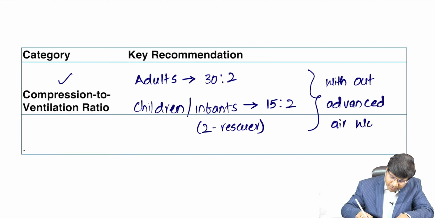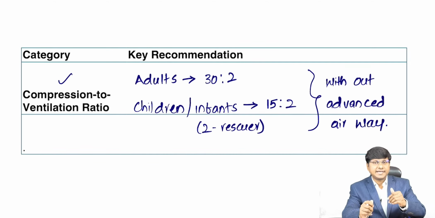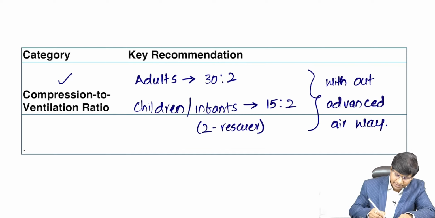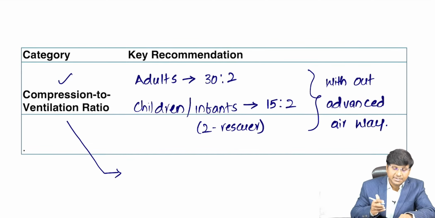Okay, so without an advanced airway, in the case of adults the compression to ventilation ratio is 30:2, whereas in children or infants with two rescuers it is 15:2, right? Now, what about the same ratio with an advanced airway?